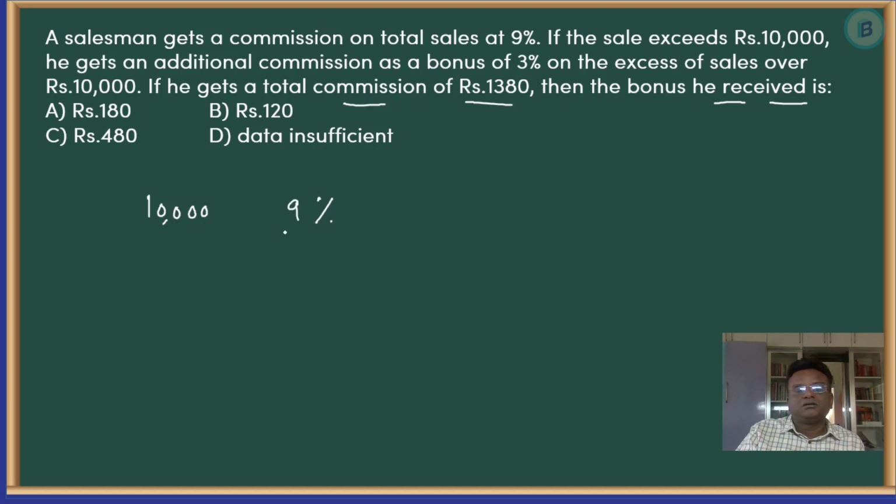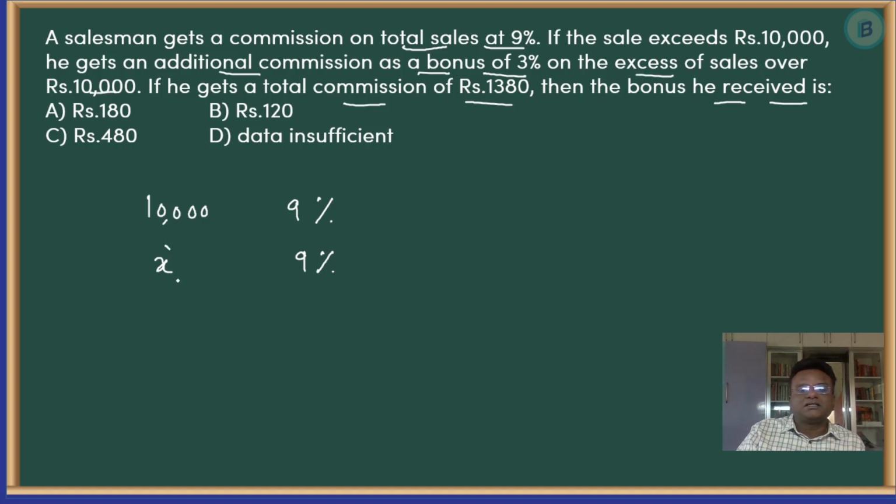9% commission. Above that, whatever he is selling, say X amount, on this also he gets 9%, because he gets 9% of total sales anyway. So on this he is getting 9%, plus if the sale exceeds 10,000, he gets an additional commission of 3% on the excess of sales over 10,000.